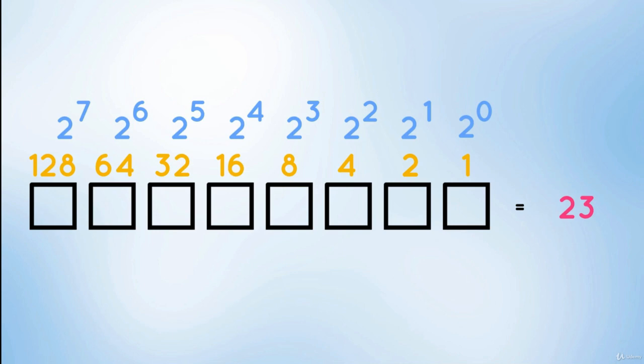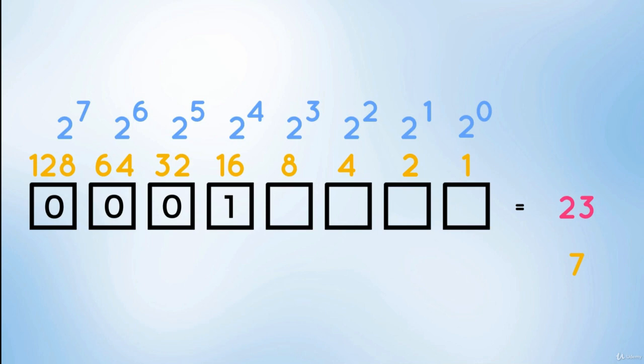So what we do is we start with the highest value, 128, and ask ourselves, is this value in the number 23? 128 is clearly not in the number 23, it's way too big, so we leave that as 0. 64 is not in 23, we also leave that as 0. 32 is certainly greater than 23, we leave that as 0. 16, this goes into 23, so it's assigned the number 1. And so far we've used up 16. 23 minus 16 equals 7. There's 7 left we have to account for.